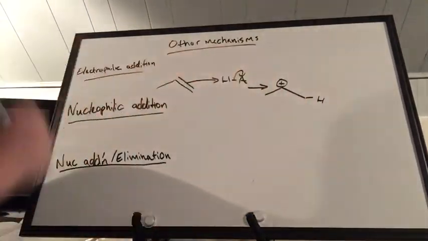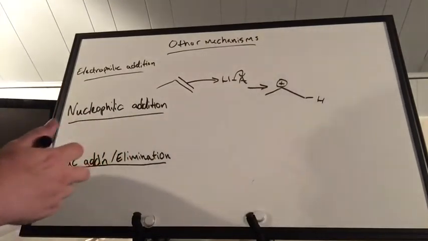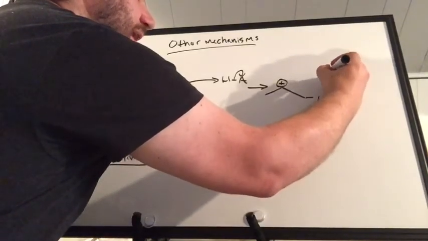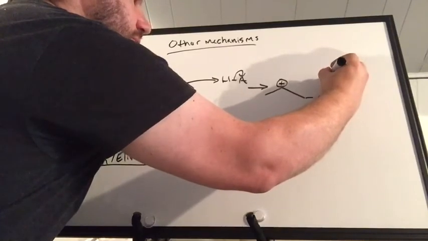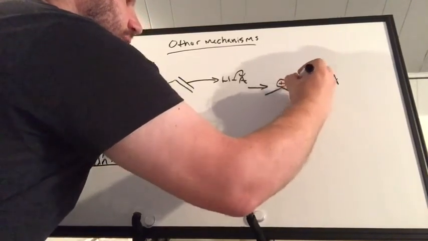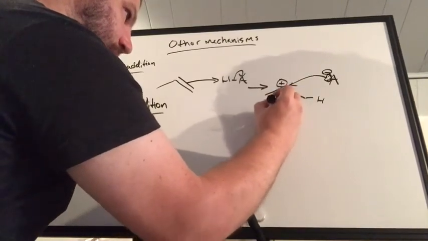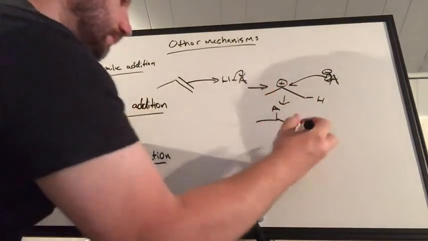Notice how it's going to be at the most substituted carbon, so it's going to be most stable. And then that conjugate base, A minus, is going to coordinate at the positive site, and then you'll have your electrophilic addition.